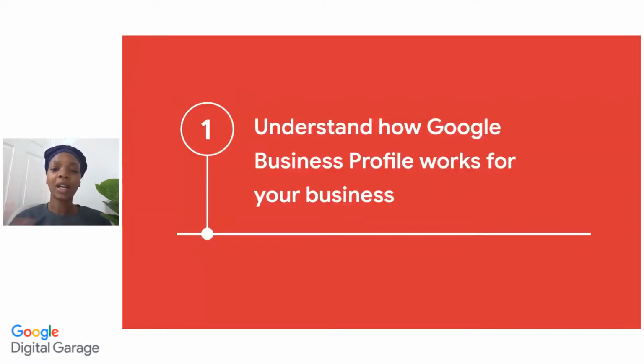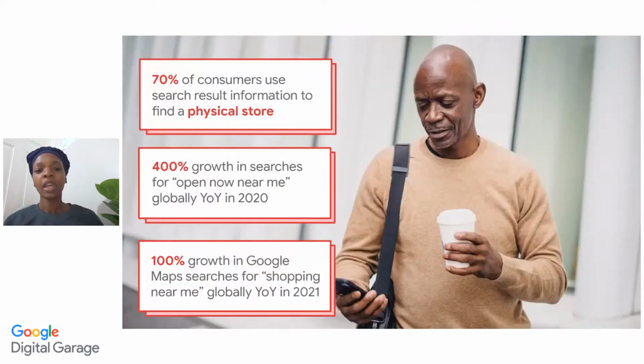So firstly, understanding how the Google Business Profile works for your business. Now, a Google Business Profile helps you to reach customers as they search for your business on Google Maps and search. So anytime you may have gone to Google and said restaurants near me, or supermarkets near me, whatever it is, that's where your business is likely to appear.